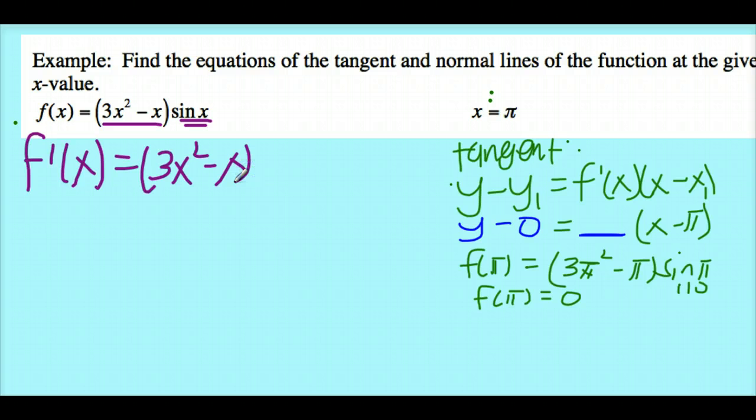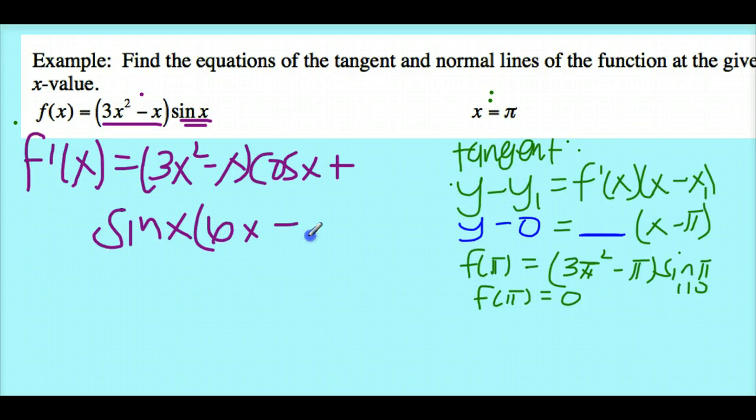The derivative of the second is cosine of x, plus the second term, which is sine of x, times the derivative of the first term. The derivative of that is 6x minus 1. Okay? To get the answer that goes in here, I have to plug in my x.